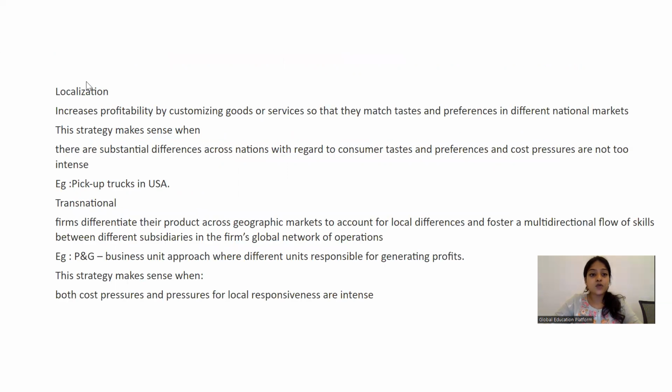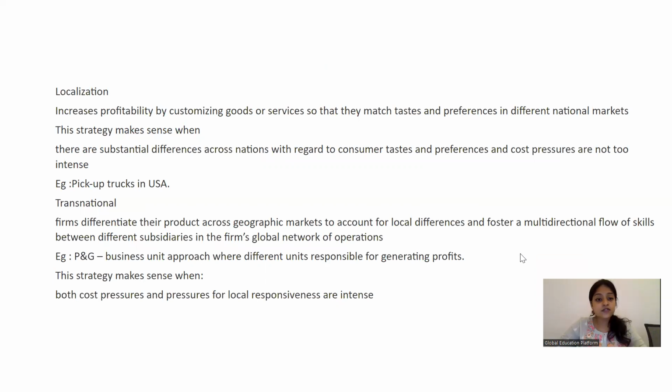The other one would be localization. It increases profitability by customizing goods or services so that they match tastes and preferences in different national markets. This strategy makes sense when there are substantial differences across nations with regards to consumer taste and preferences, and cost pressures are not too intense. Then we have transnational.